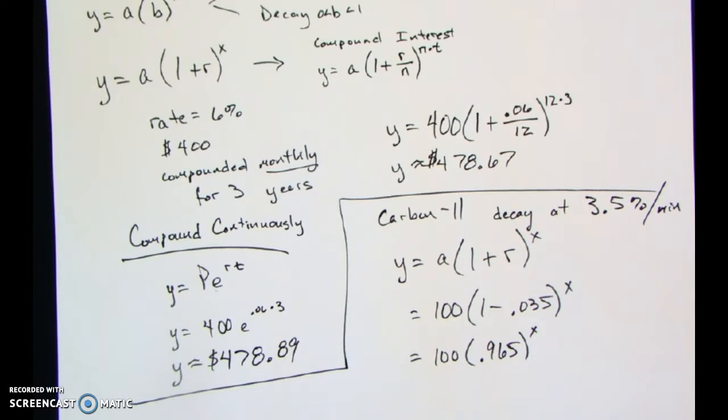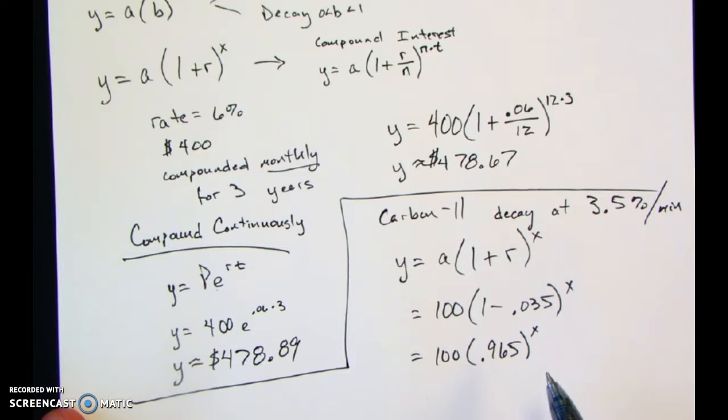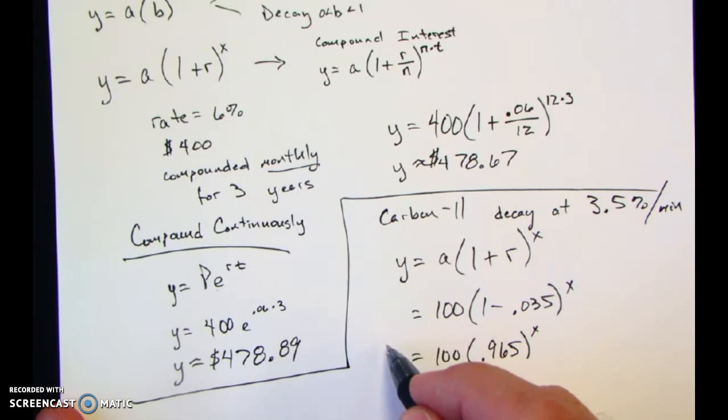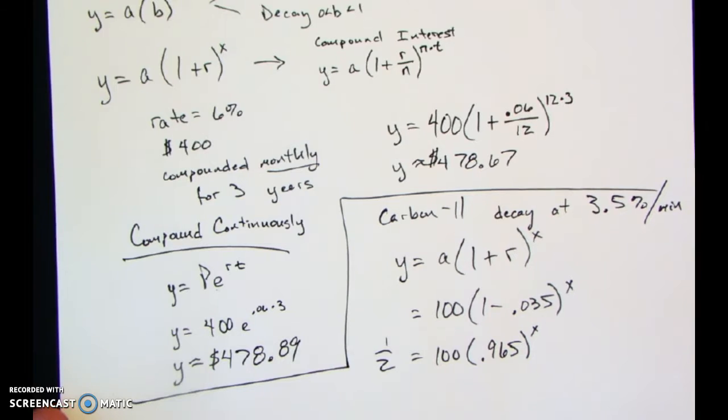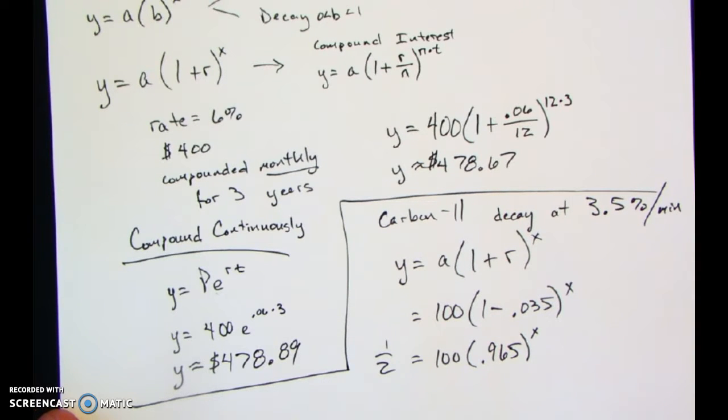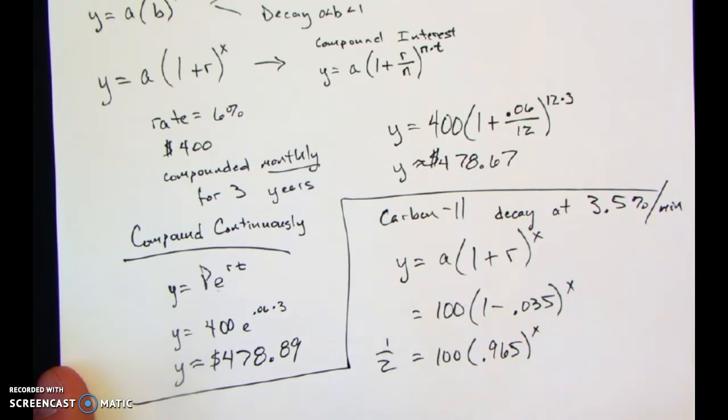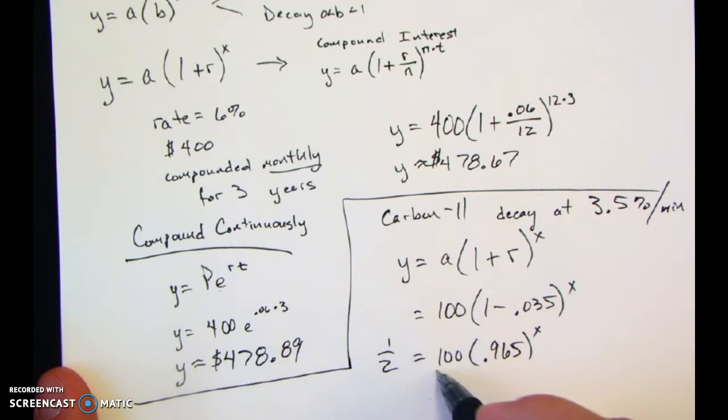Now, as far as solving these, anytime if we're looking at maybe trying to find the half-life of something, then we're going to say that I want to find out, well, when is there half of that amount remaining? And so, we're saying that we start off with 100%, so when I have 50%, that's our half. So it's 1/2 is equal to the 0.965 raised to the x.